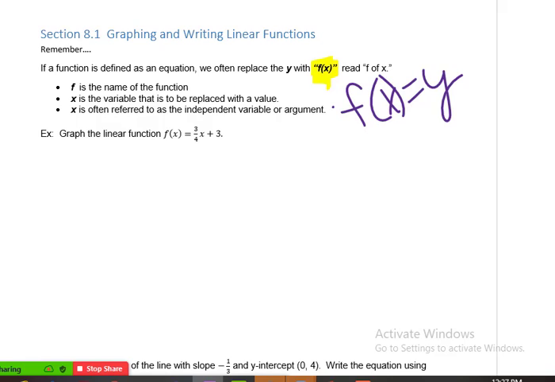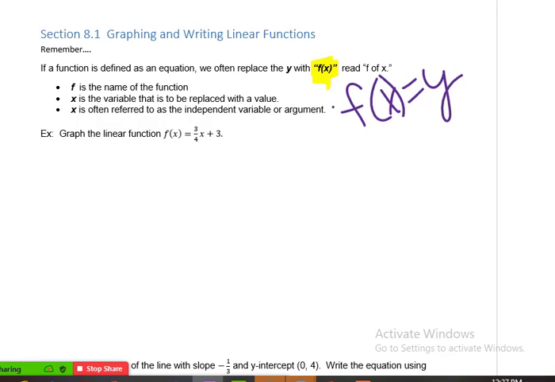But we have this function notation that we use. So f is the name of the function. X is the variable that is to be replaced with a value. And we often call x the independent variable, or we can call it an argument.